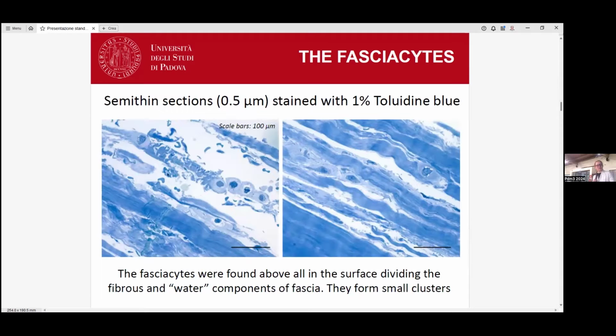Here you can see a typical cluster with 4 cells. You can see that they are just on the surface of the fascia, and probably during the motility, the shearing motility, they are stimulated to produce hyaluronan.